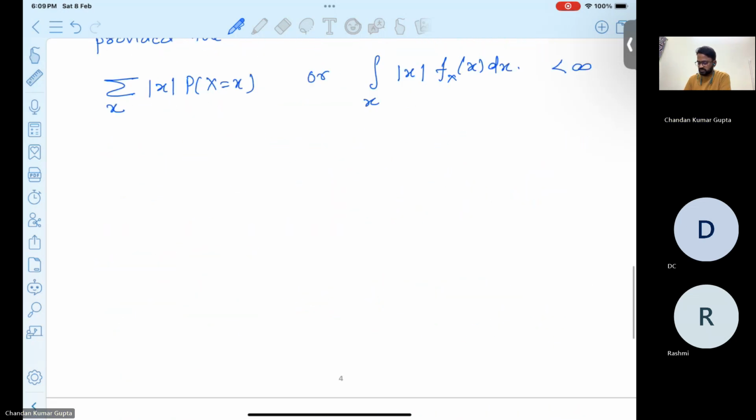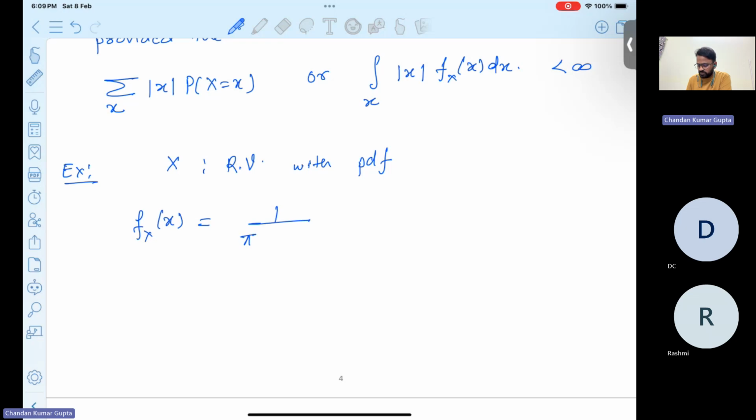For example, suppose X is a random variable with PDF f(x) = 1 upon pi into (1 plus x square).